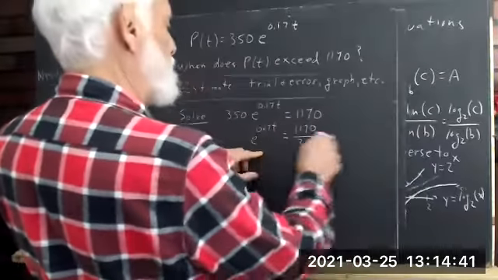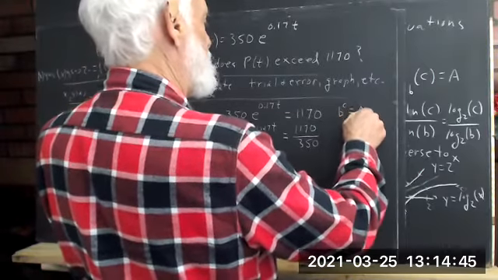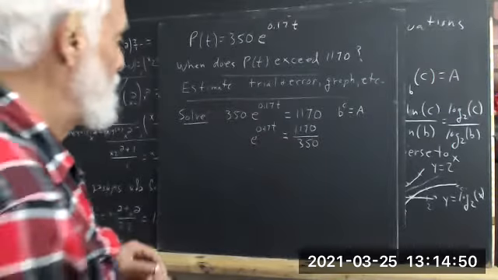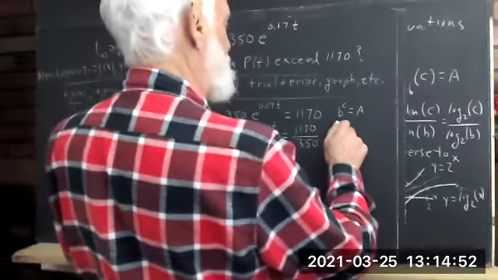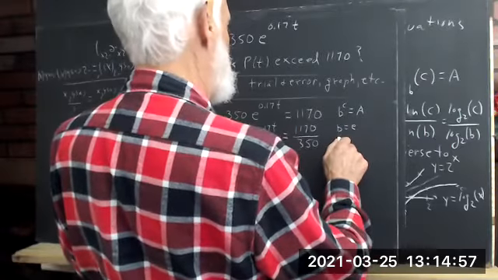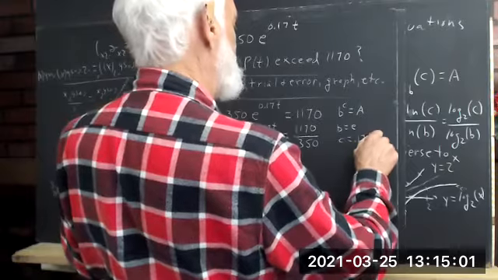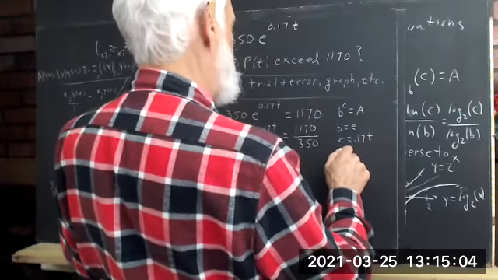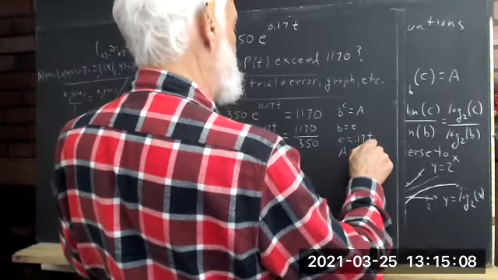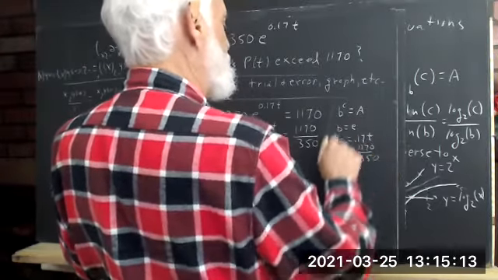This is a b to the c equals a, where b equals e, c equals 0.17 t, and a equals 1170 over 350.